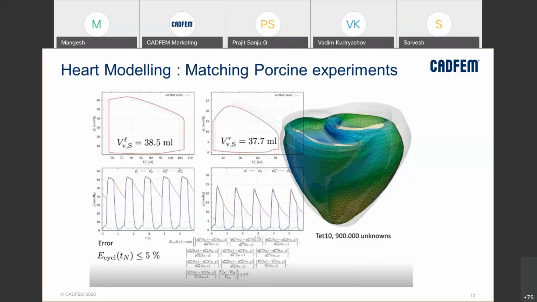Collecting experimental data for the heart is a challenging task because you have to place the sensors appropriately. In the next slide I'll be explaining how the experimental information was extracted, and also how this particular heart modeling was utilized for developing a device.